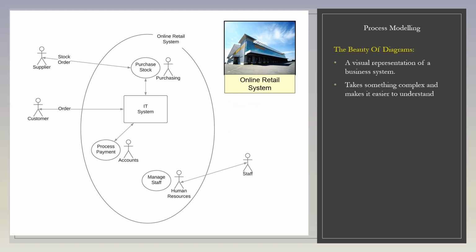A diagram can take something complex and make it easier to understand. Something that I call the beauty of diagrams. More formally in business analysis, this is called abstraction.